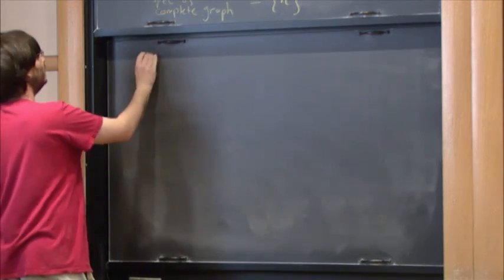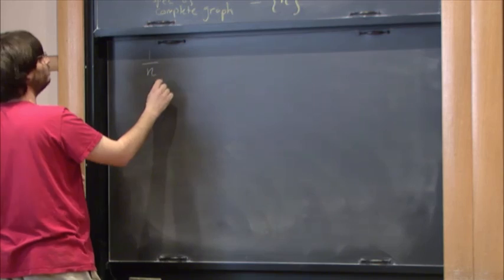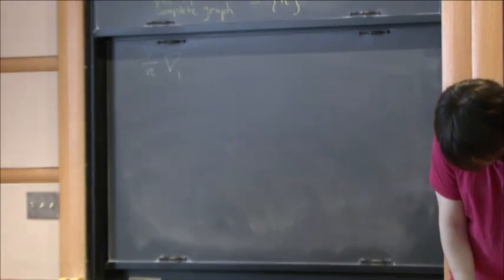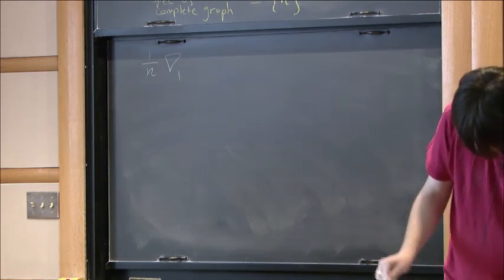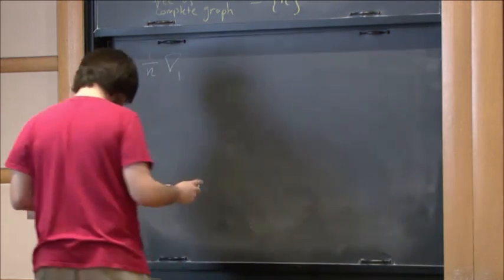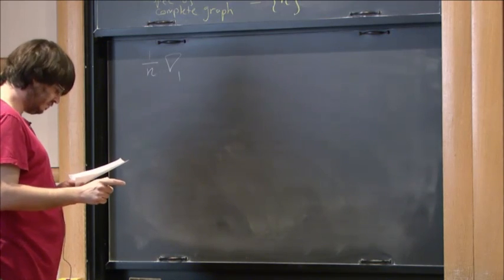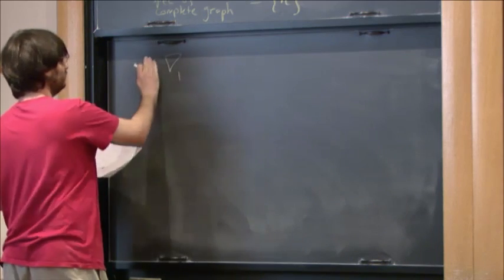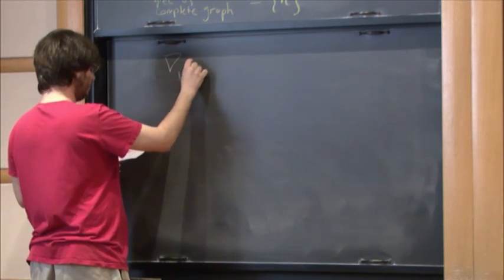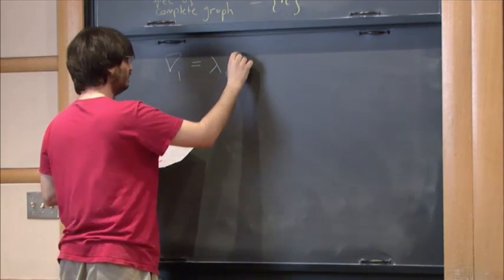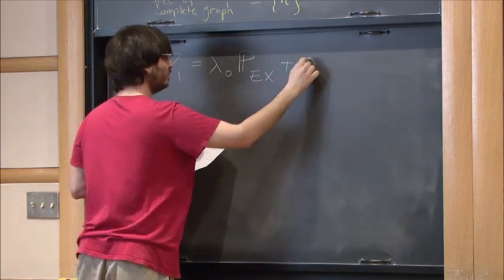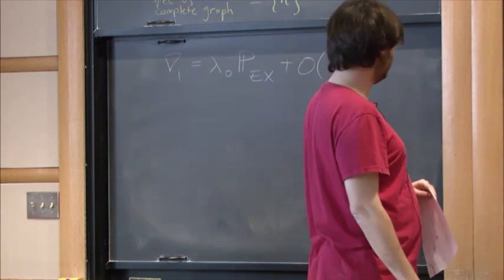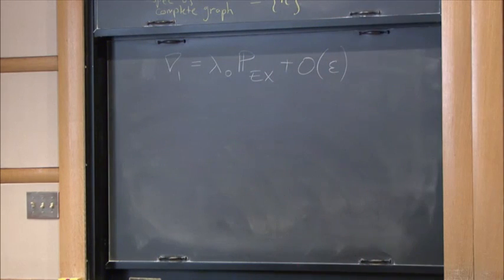Now what I want to say is that the lower Laplacian is something like lambda 0 times the projection plus some error term of size epsilon.